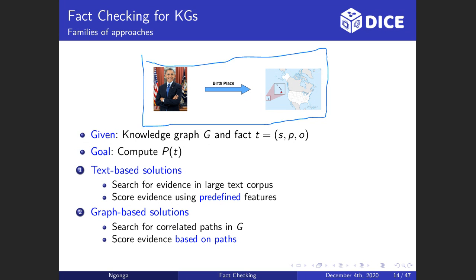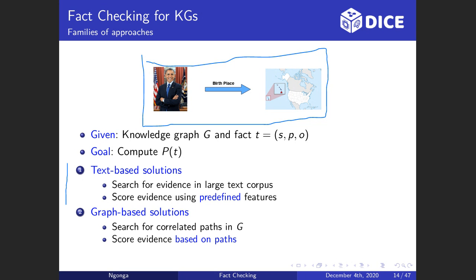And they then score the evidence using currently still predefined features. That is directly connected with what I showed you before, because this whole idea of trustworthiness of sources and confidence of claims plays a key role in the first family of algorithms.